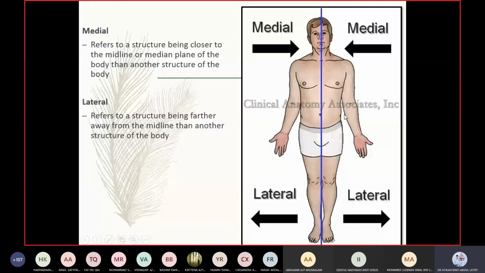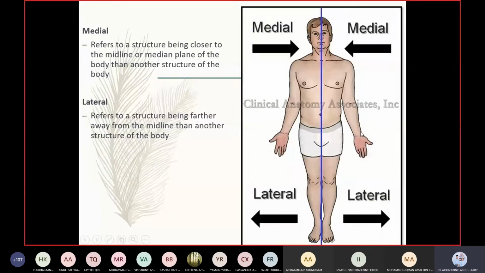So for example, you want to describe a lesion here. Say there's a lesion lateral to the forearm. This is a forearm.